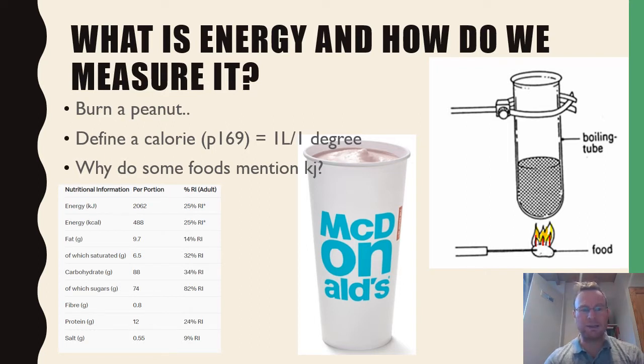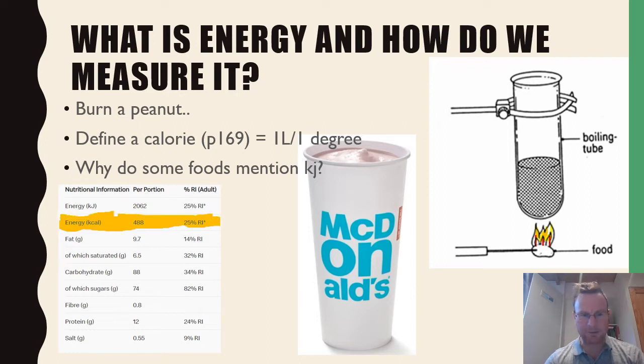On the left hand side here, I've got the nutritional information for a McDonald's shake. What you can see, if I colour this in orange, is the energy here in kilocalories. This is our British way of looking at energy.